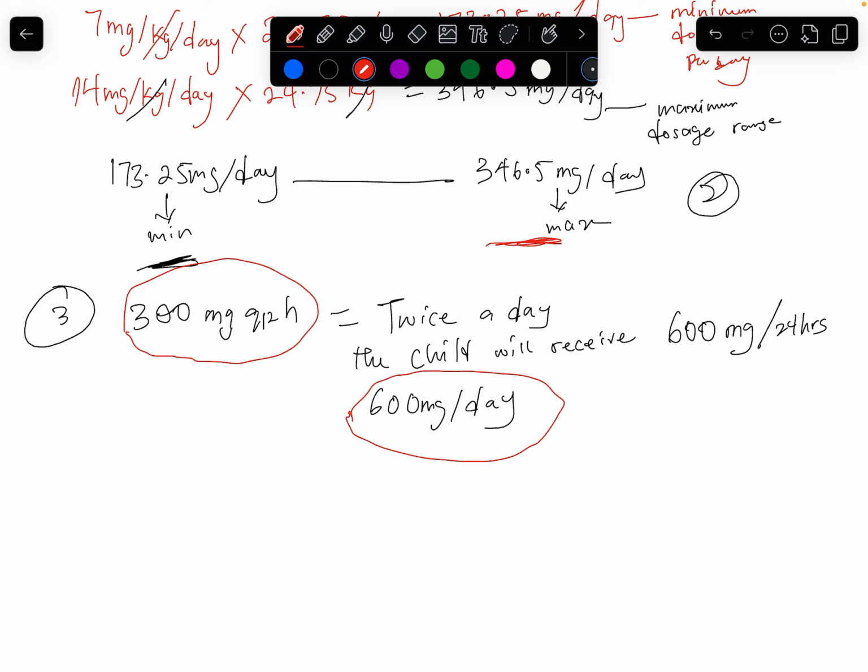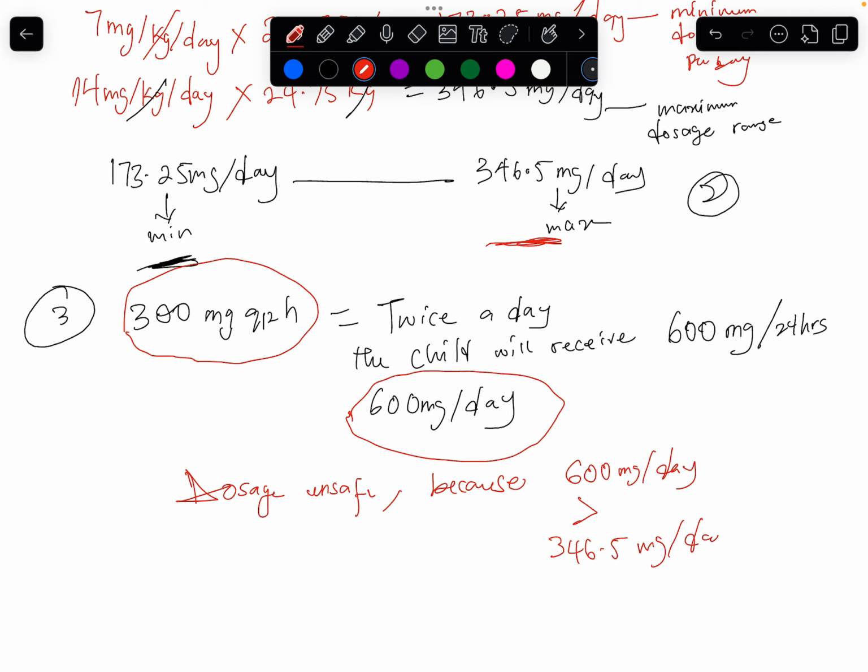No. The dosage is unsafe, because 600 milligram per day is greater than 346.5 milligram per day, and that's the answer.